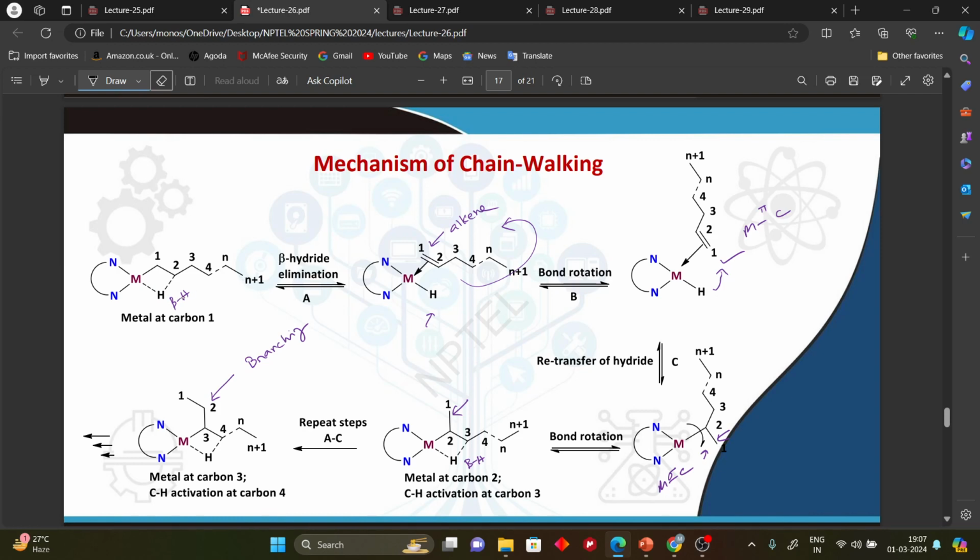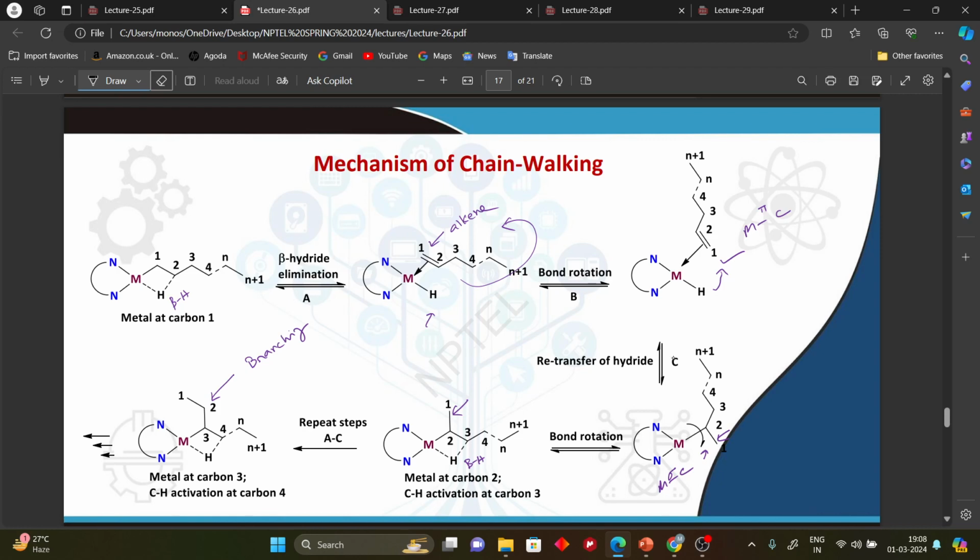We have learned that already. So metal hydride you have generated, and here you have generated the alkene unit. Now what happens is bond rotation. So this is the site. Now this thing actually rotates like this. So bond rotation happens, and that longer chain unit kind of shifts to a different position this way.